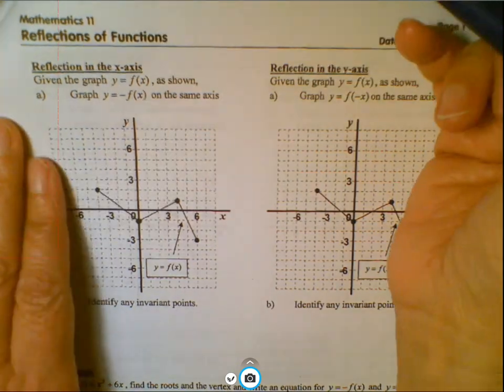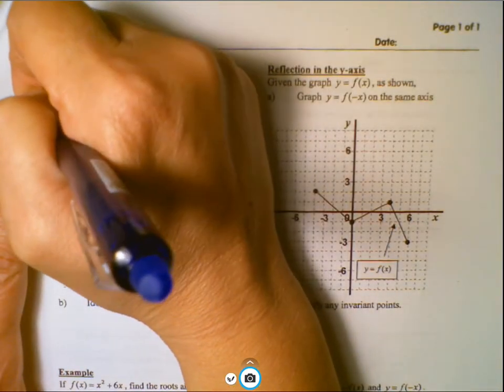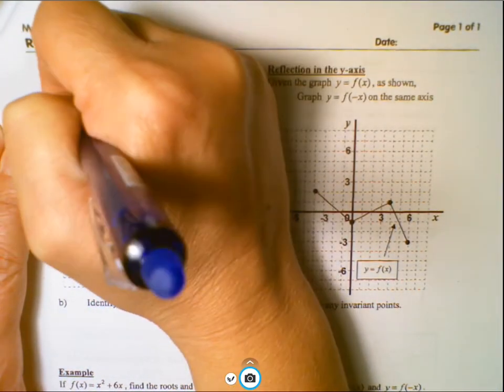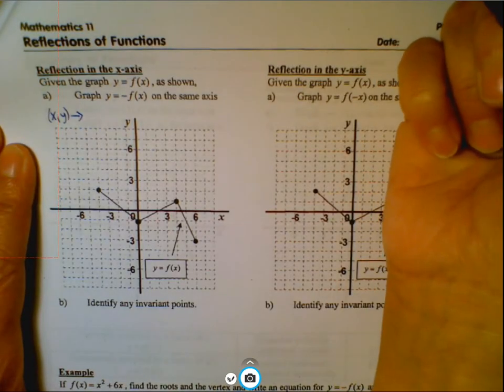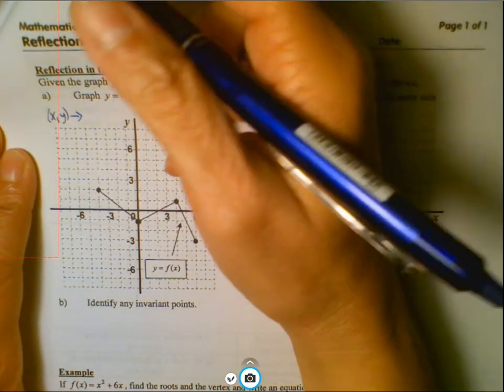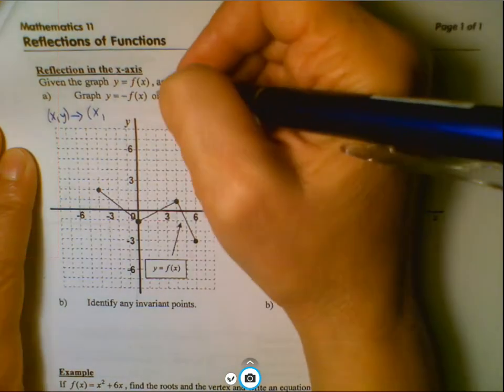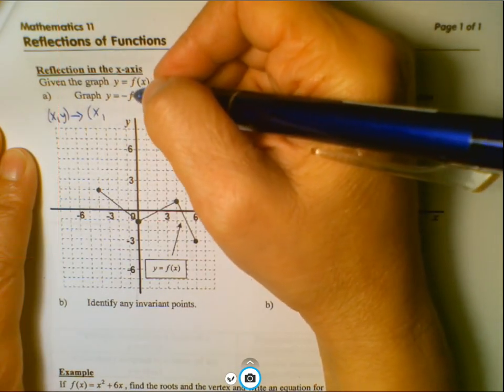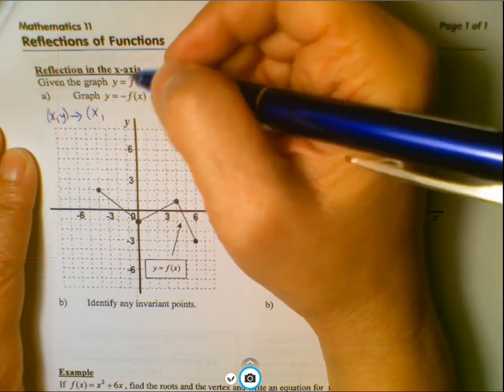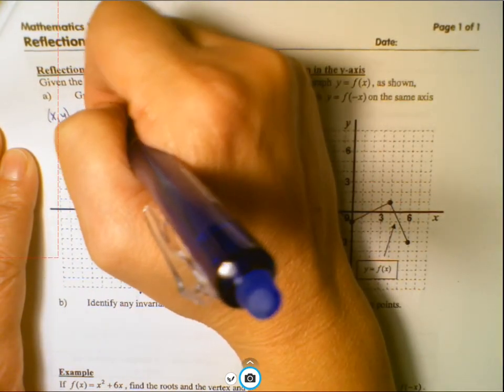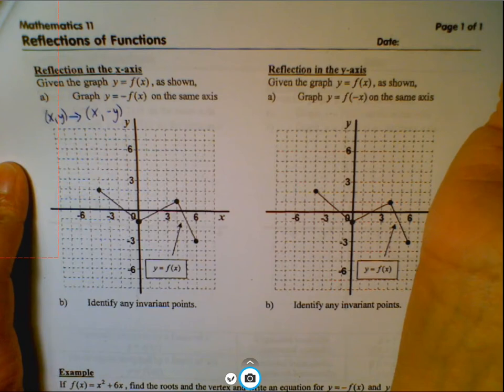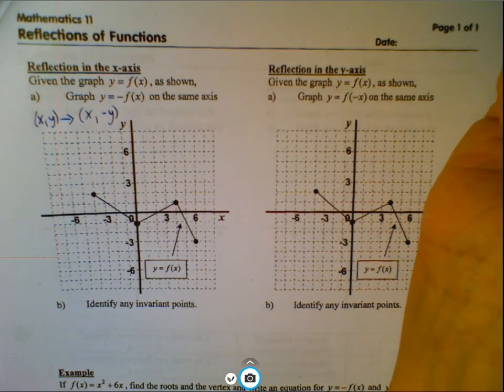So if I was to write the mapping rule for this, it would look like every point (x, y) becomes (x, -y). No change is happening to the input, so x is still x, but the y's, once we get a value, we're going to multiply by -1. That's the mapping rule. So let's see what that looks like on the graph.